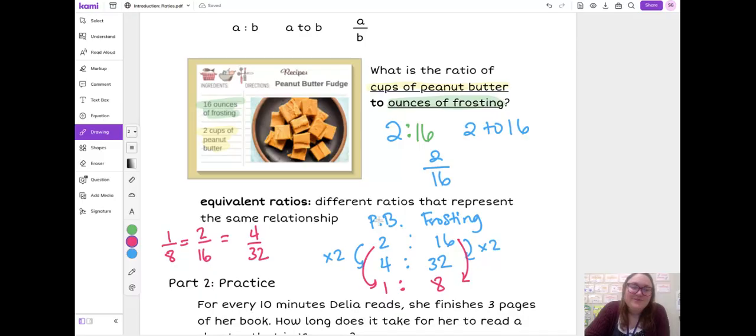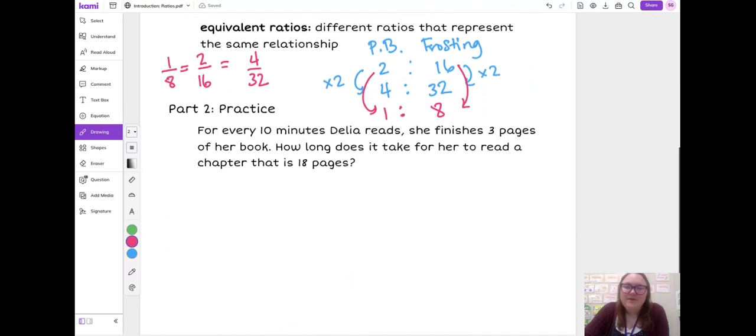So in these ratios, that first number represents peanut butter, and that second number represents frosting. Neither of those numbers represent a total. So this is what we're going to use to solve problems like these below. I'm going to leave the equivalent ratio stuff on the screen, and I'm going to have you pause the video and read through this practice problem here.